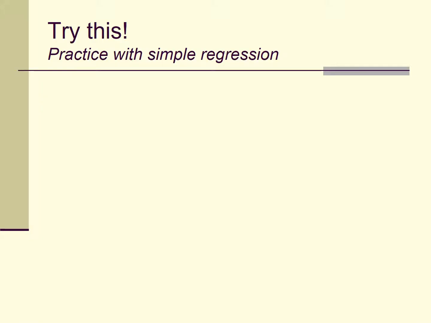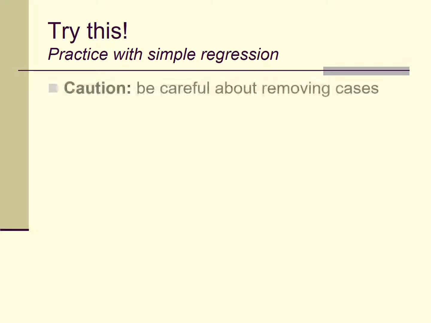You could imagine running a regression, doing some regression diagnostics, in this case focusing on outliers in terms of residuals, and saying, let's get rid of these cases with extreme values in terms of the residuals, and we'll improve the fit of our model. Our R squared will go up, our F value will go up, our p value will go down. This sounds fantastic. But caution: be careful about removing cases from your data set.